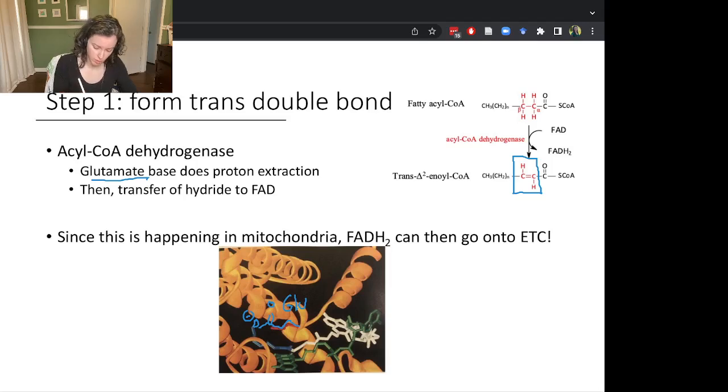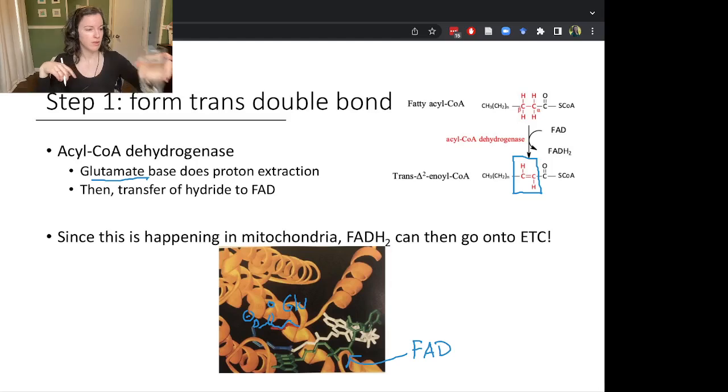Then it's thought that we have transfer of a hydride to FAD. I know we discussed earlier that FAD really transfers a hydrogen radical. This is just the hypothesized mechanism.